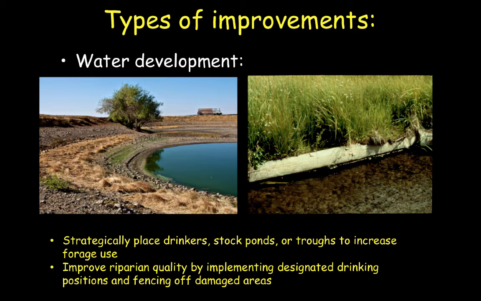A second type of improvement that has to do with water is, again, riparian improvement, which we talked a little bit about just a few minutes ago. But you could also improve riparian quality by implementing designated drinking sites.